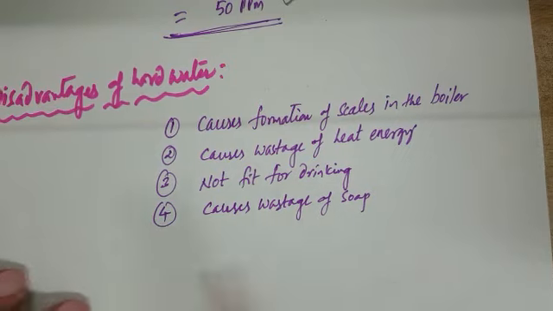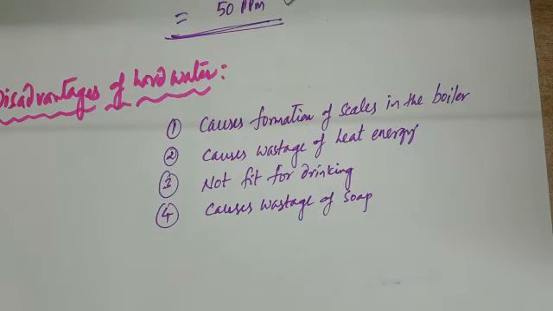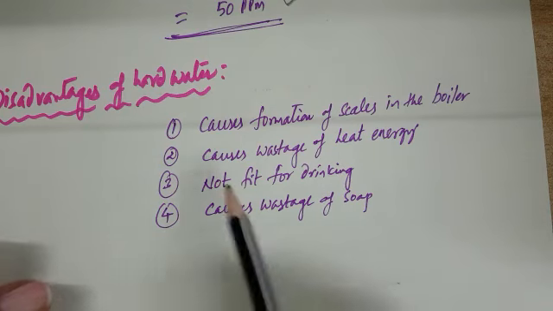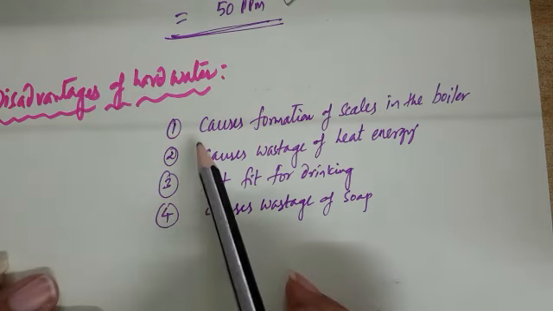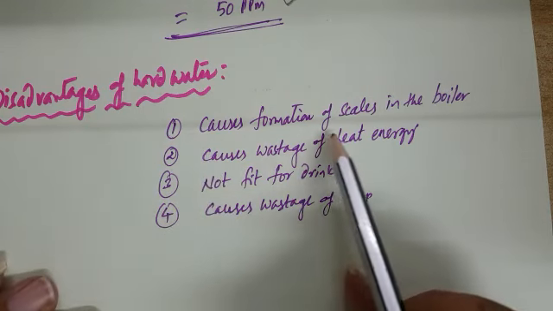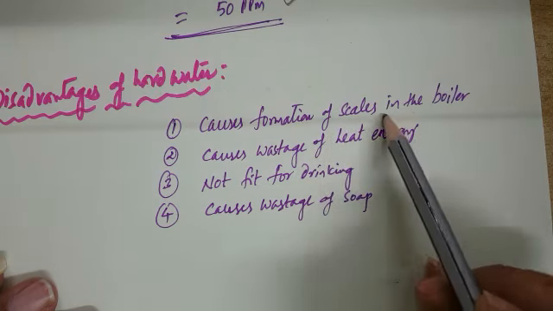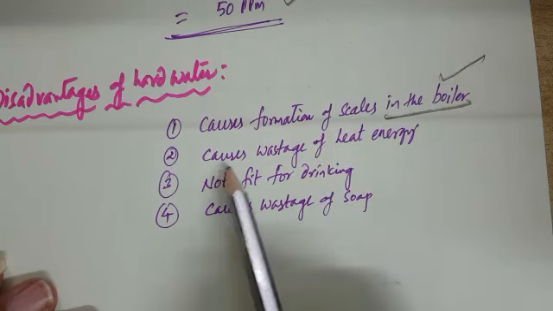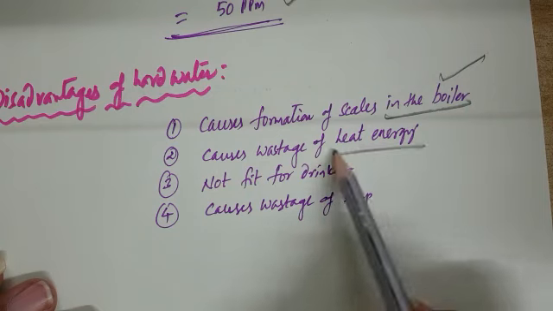So now, finally, the simplest statements. If you are going to use hard water, what will happen, especially in chemical industries? Scaling of boilers, rusting, scaling, the outer layer going to be removed. So the disadvantages of hard water: it causes formation of scales in the boiler and causes wastage of heat energy.